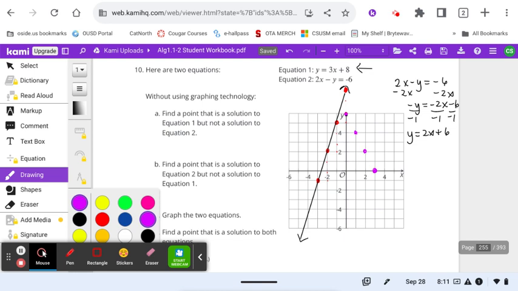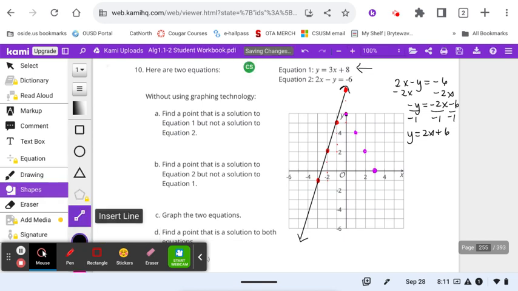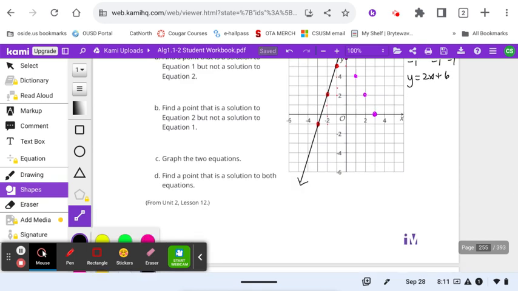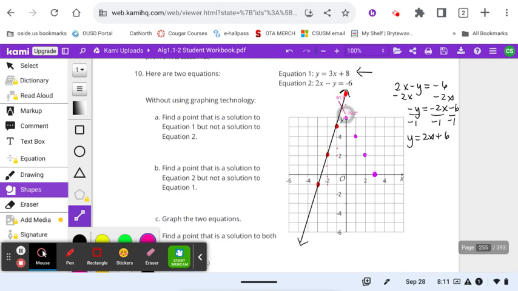So this would be the equation of this line.